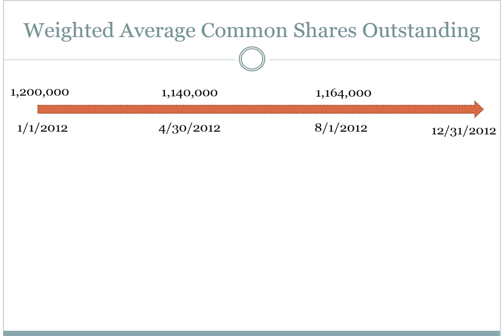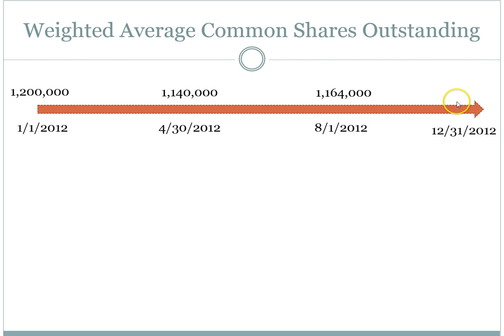On August 1st, we resold or reissued some of those shares, specifically 24,000 of them. So on August 1st, 2012, there are now 1,164,000 shares outstanding: 1,140,000 plus the 24,000 shares reissued tells us that we have 1,164,000 shares of common stock outstanding.